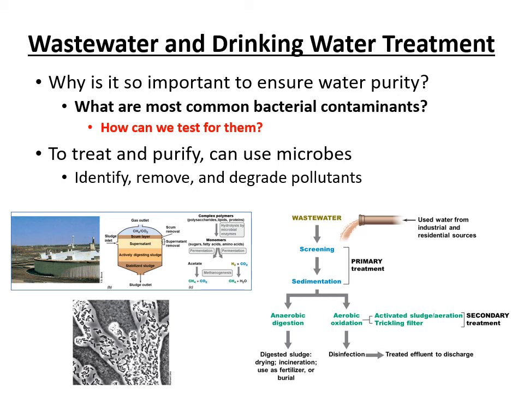So it's very easy for animal fecal contamination to occur. When you do any kind of water testing, the big thing to look for is coliforms, specifically E. coli, because if those are present, there has been some sort of fecal contamination, and probably other bacteria are present as well.